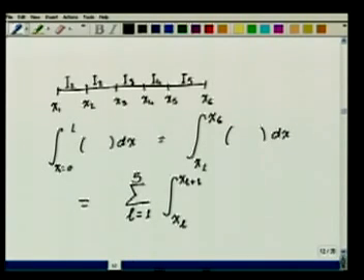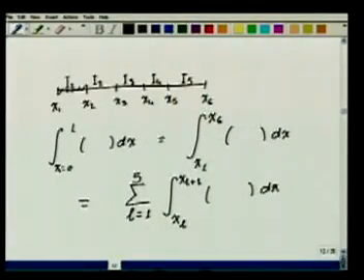So xl to xl plus 1, that is the two extremities of the lth element, and the same expression dx. This is basic integration that we have learnt in our earlier classes. So this I can do.